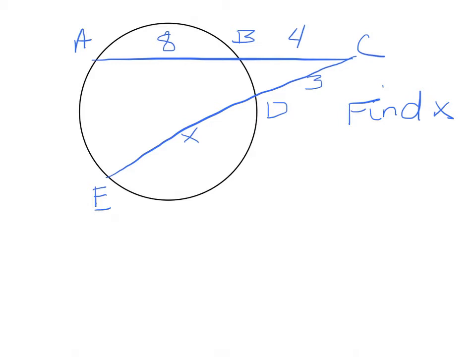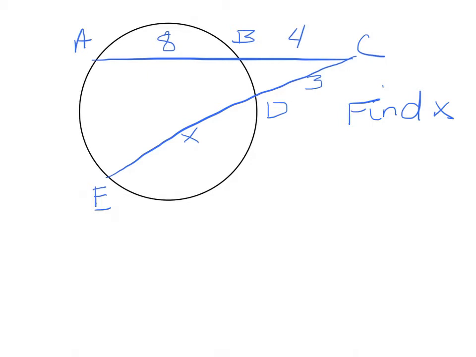So here we are, we're back, and what I can see right away by looking at this diagram is I have a secant EC and a secant AC. I want to find a segment x, so I know that I'm probably going to use the secant segments theorem. What I want to do first is set up what the theorem says.